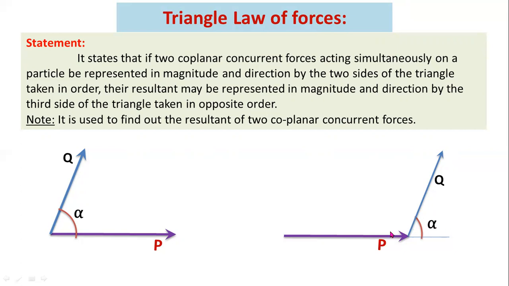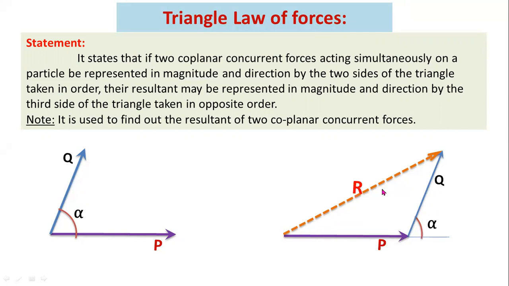Here you can observe I am drawing a line. I am joining forces P and Q like this by using a dotted line. This dotted line indicates the resultant force.